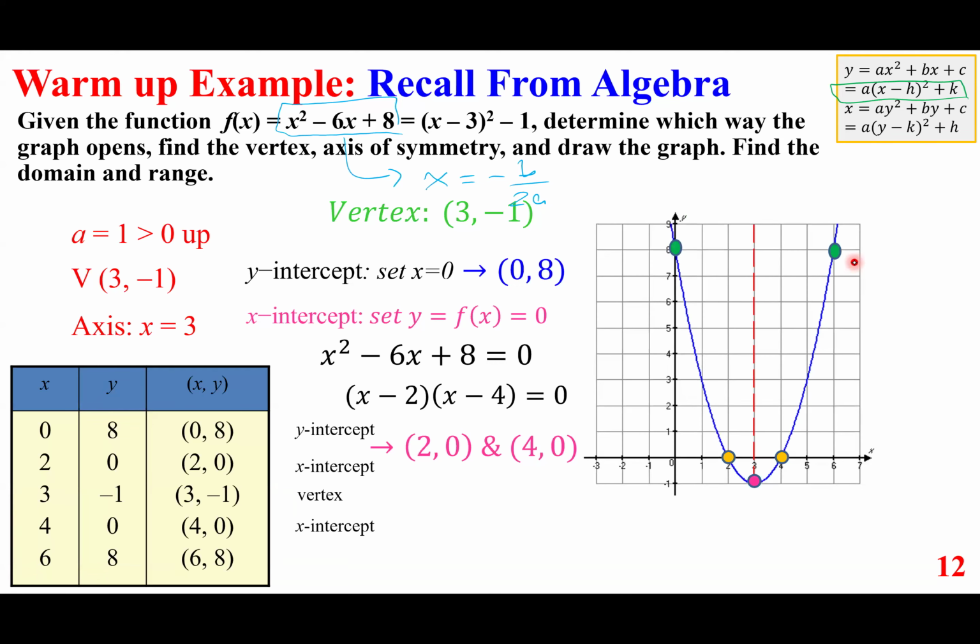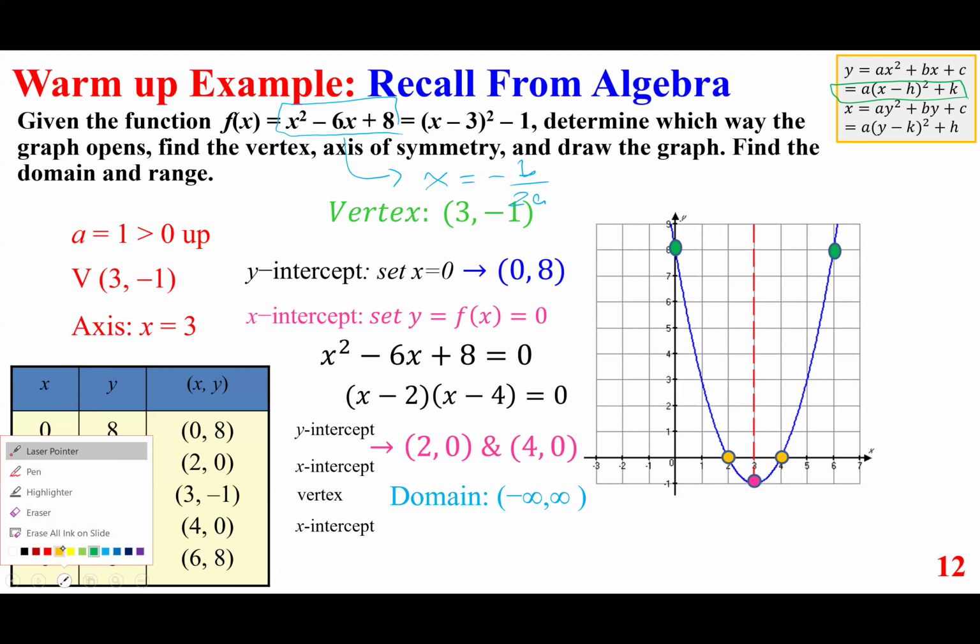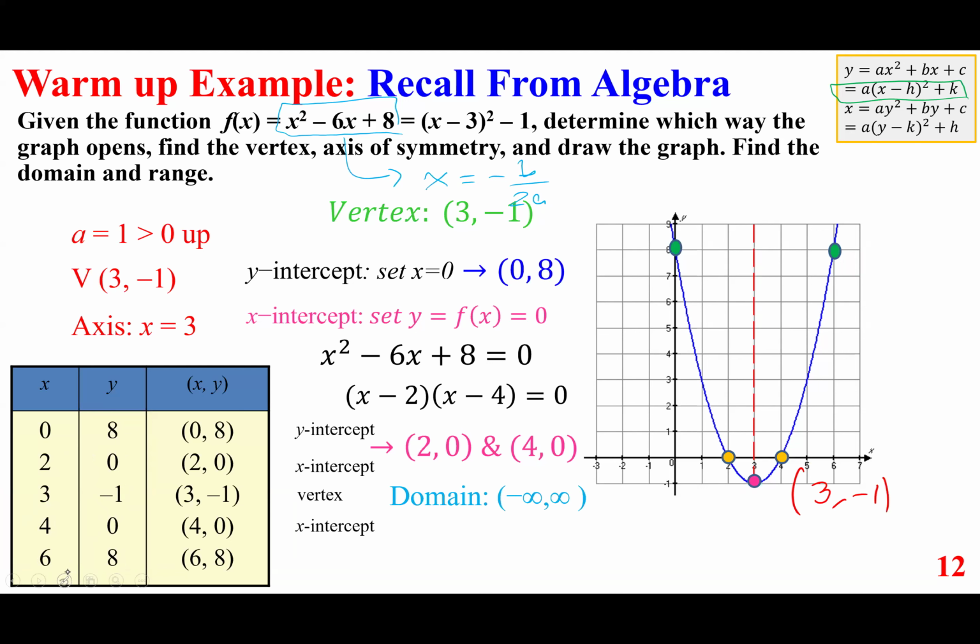Any parabola that opens up or down makes no difference. The domain is all real numbers, minus infinity to positive infinity. But the range depends on the location of the vertex. If it opens up, it starts from the y coordinate of the vertex to infinity.